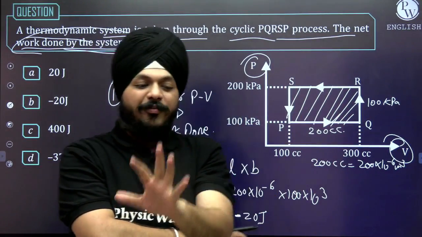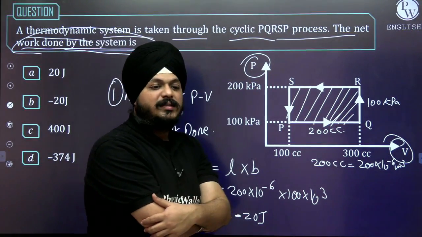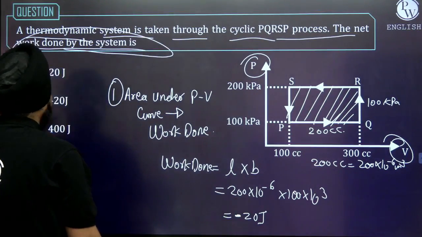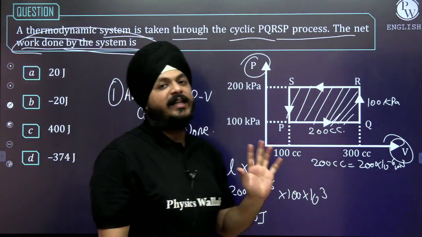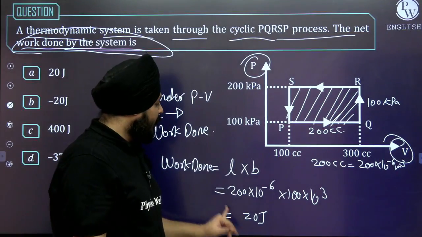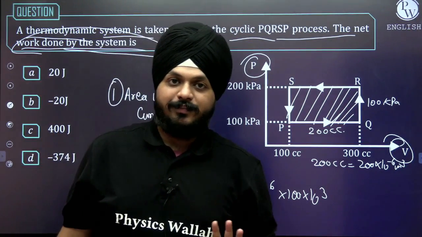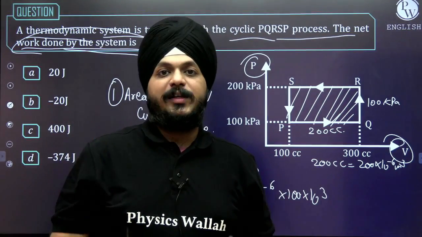Generally that differs. Here there will be great confusion in the sign convention, so I am removing the sign. The net work done is 20 joule.